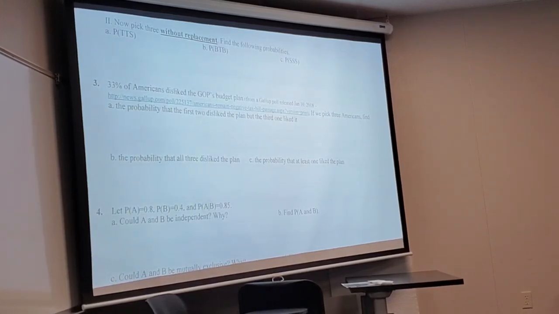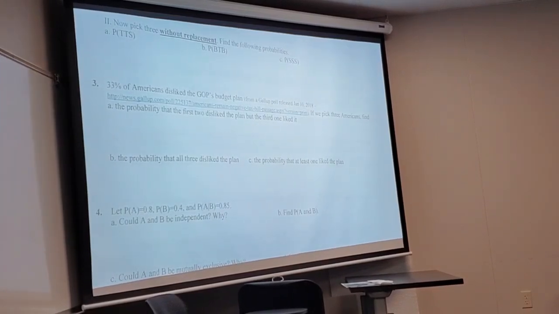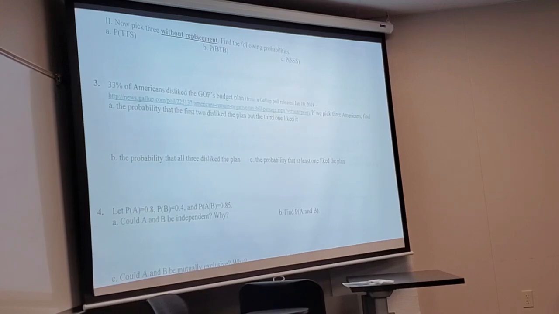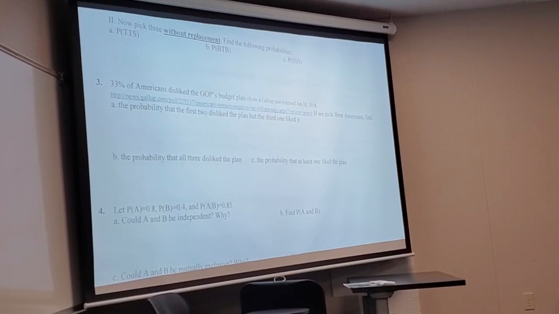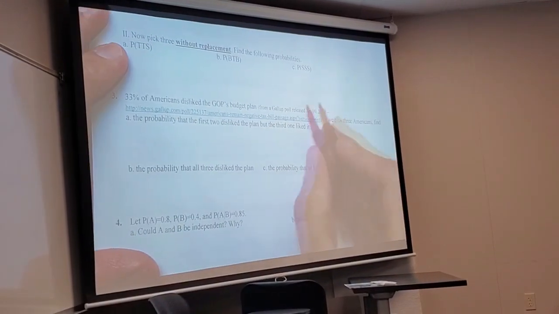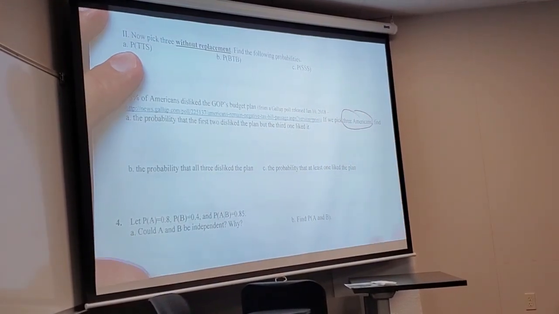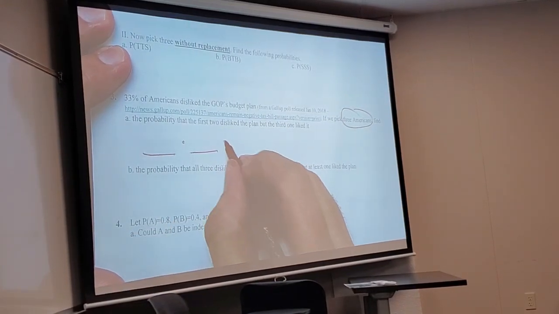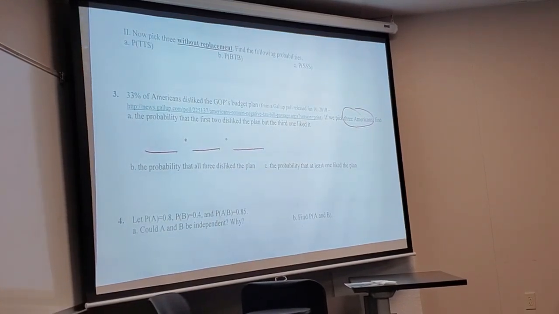Does everybody see that? And means blank, and means multiply. So how many little blank spots are you going to make there? 3, because we're picking 3 people, correct? This guy's going to do something, and this person's going to do something, and this person's going to do something, right?